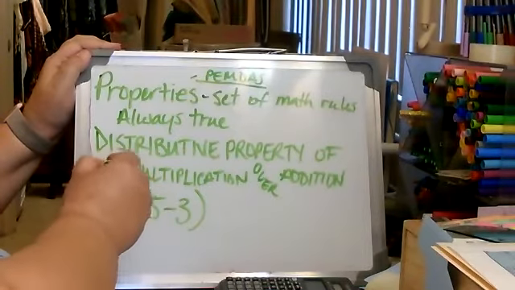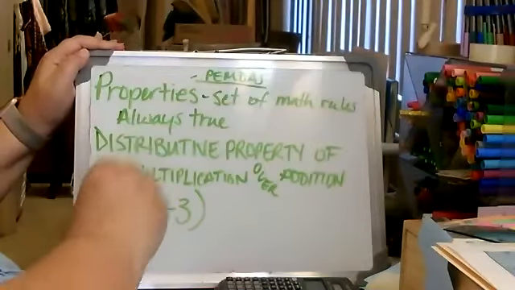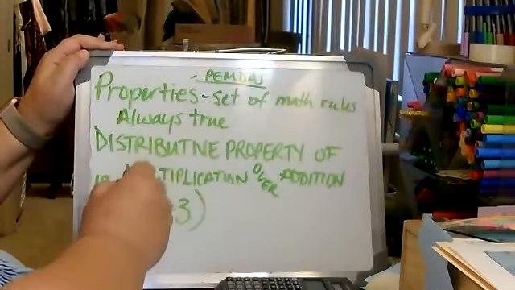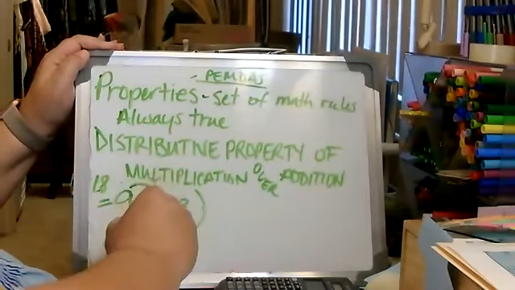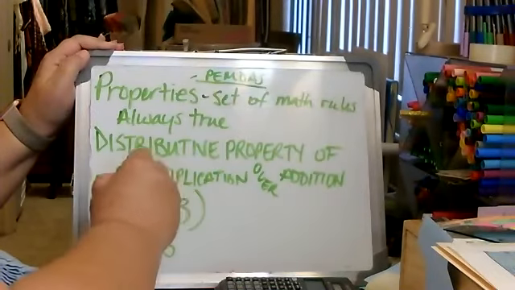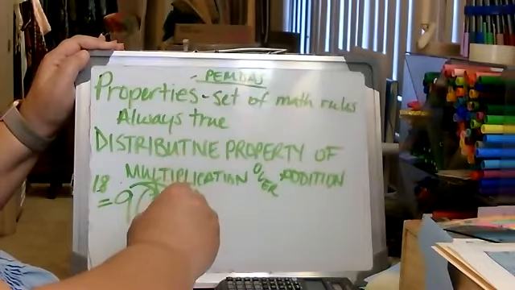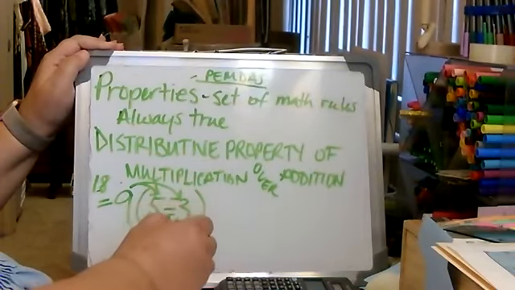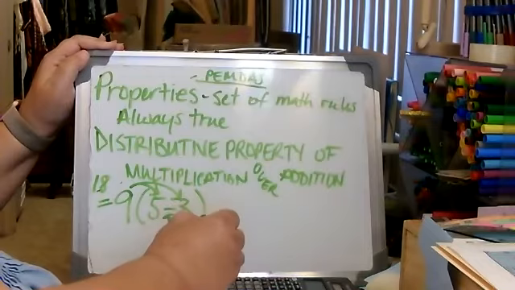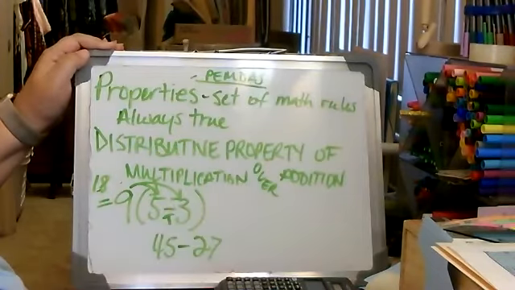So we'll put that up here just as a reference. But what we're going to do is work it out. We're going to go 9 times 5, which is 45. And then 9 times 3, which is 27. But our sign right here is going to be minus. So 27. So let's see if that checks out.